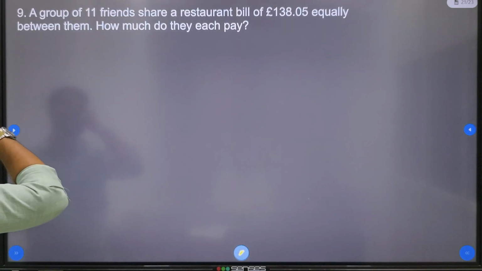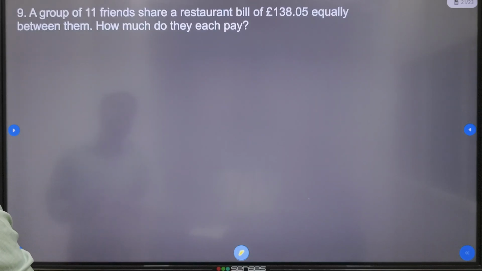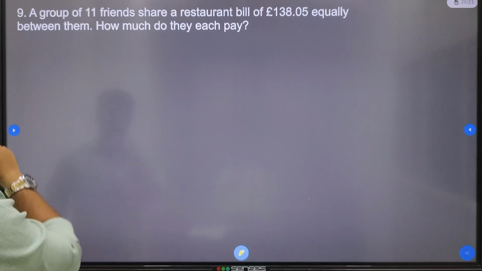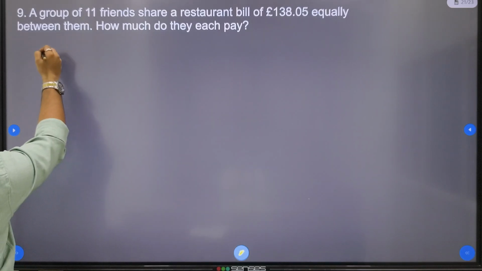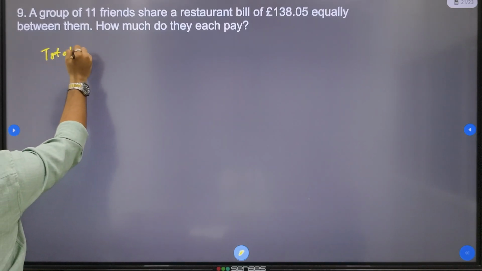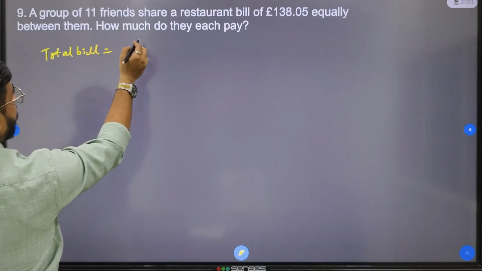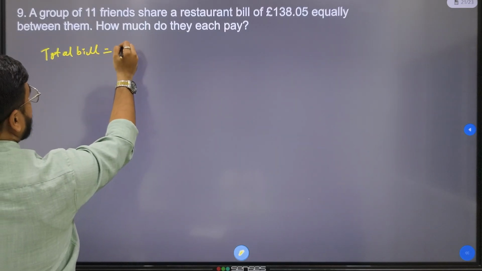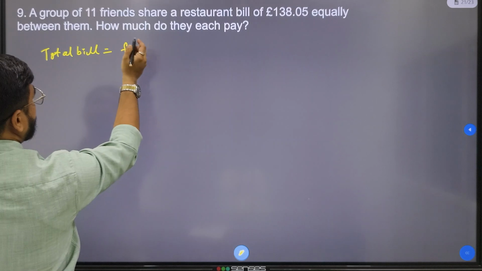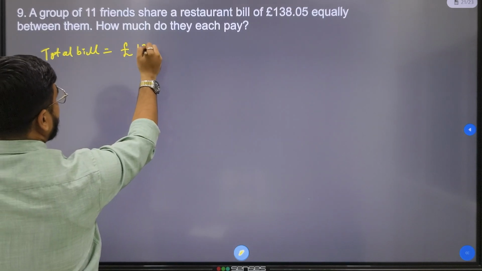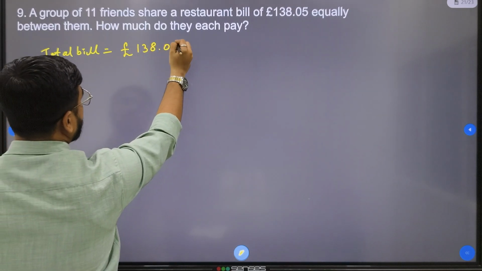How many friends are there? 11. They share a restaurant bill of 138.05 pounds. So total bill, 138.05 pounds.